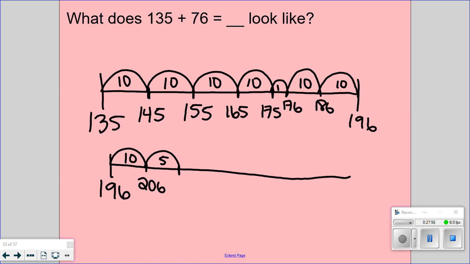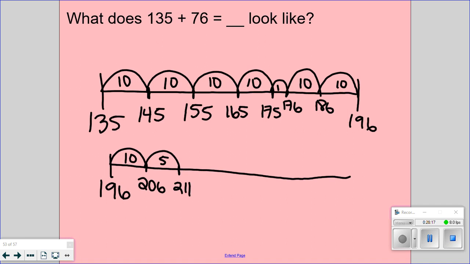Beautiful. Now what? Zach, now what? At a 1? How far have we gone? 75. We have John's 1 in there.